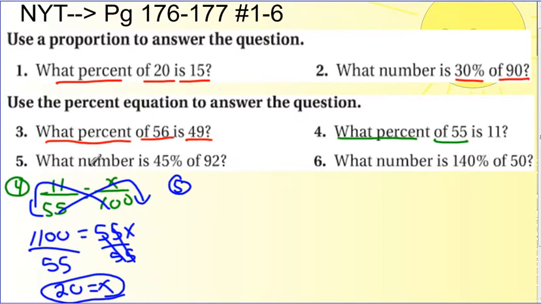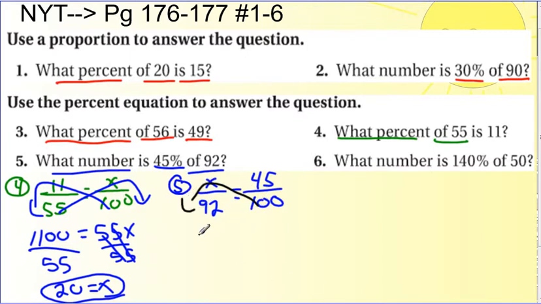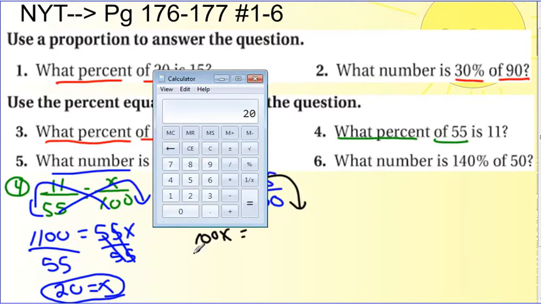Number 5. What number is 45% of 92? I heard 45%. That's where the percent goes. Of 92. That's where the of number goes. The other number that's left over is our x, because we don't know. Cross multiply. 100 times x is 100x. 92 times 45 is 4,140.